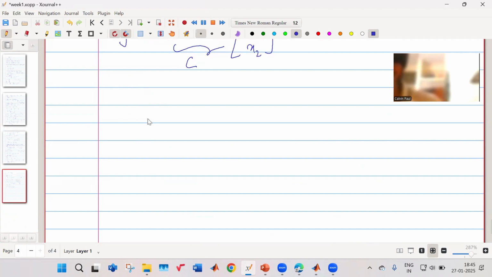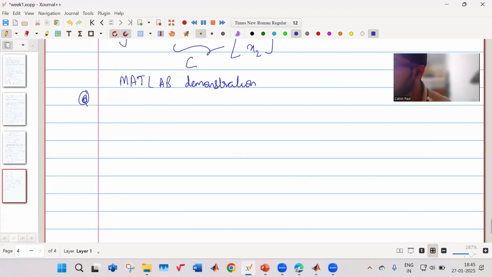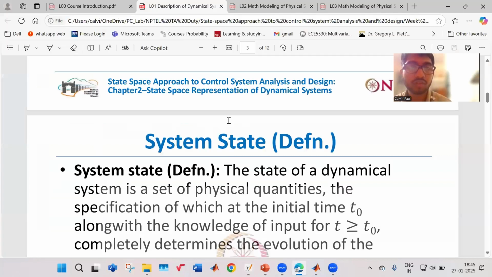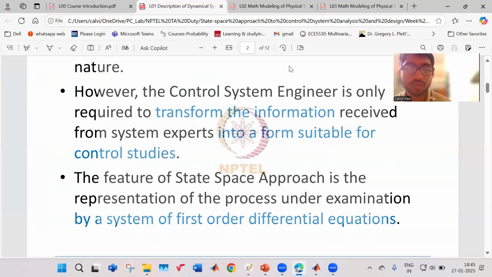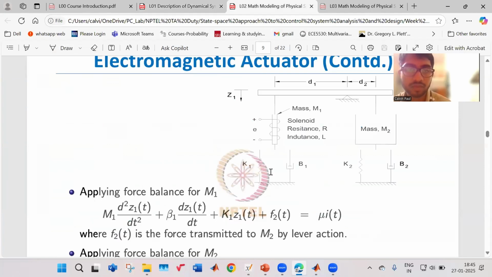Now we have shown a MATLAB demonstration. Now let me teach regarding the op-amp system which sir has taught. Sir taught about op-amps in this part.